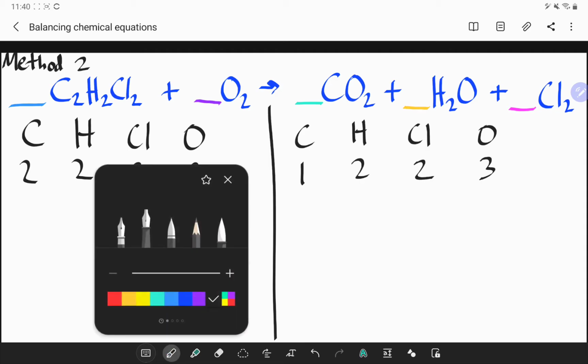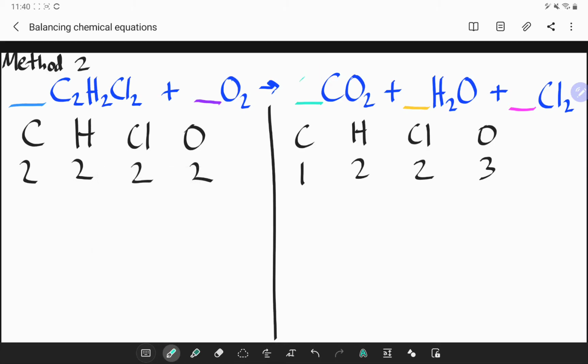I put a 2 there for 2 carbons. That gives us 5 total oxygens, because I have 2 times 2 is 4 plus 1 more. Carbon is now balanced. Hydrogen is already balanced, and chlorine is already balanced. Now we just need to balance the oxygens.